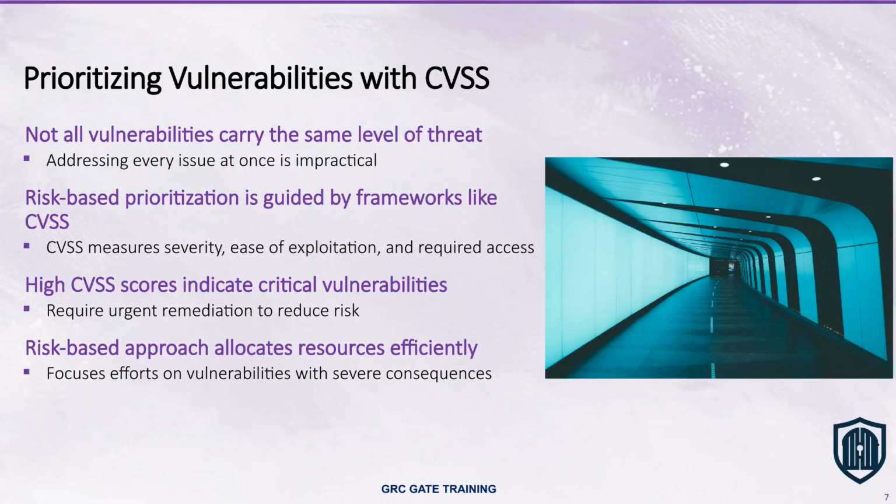After vulnerabilities are identified, prioritization based on risk becomes essential. Not all vulnerabilities present the same level of threat, and addressing every issue immediately is often impractical, especially in large organizations with complex information technology infrastructures. This is where frameworks such as the Common Vulnerability Scoring System, or CVSS, become invaluable.